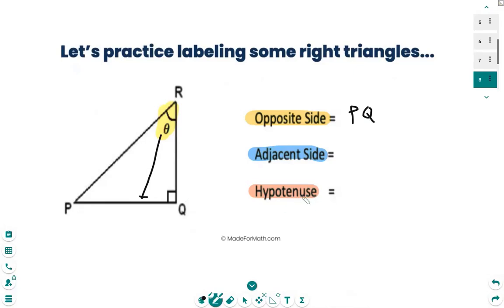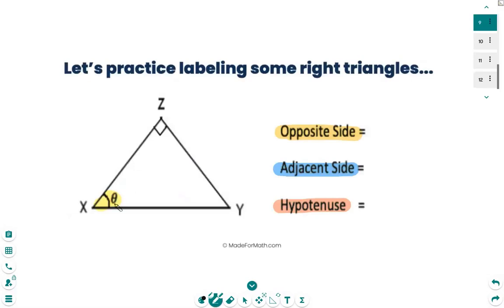What side is stretching under the right angle, or opposite the right angle? PR. And then from there, that leaves the adjacent side, which shares a side with our theta angle, which is RQ. So I always find it most helpful to do the hypotenuse first and the opposite side, and then do the adjacent last.